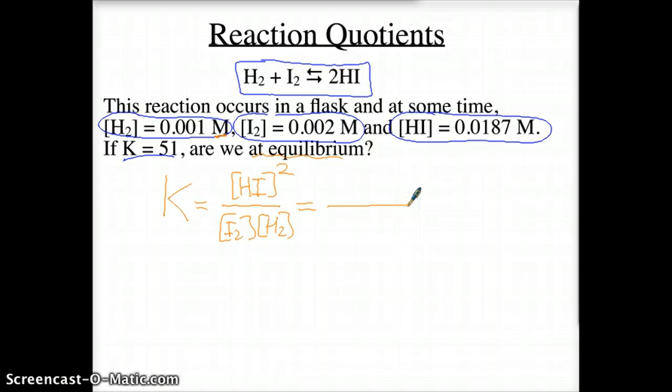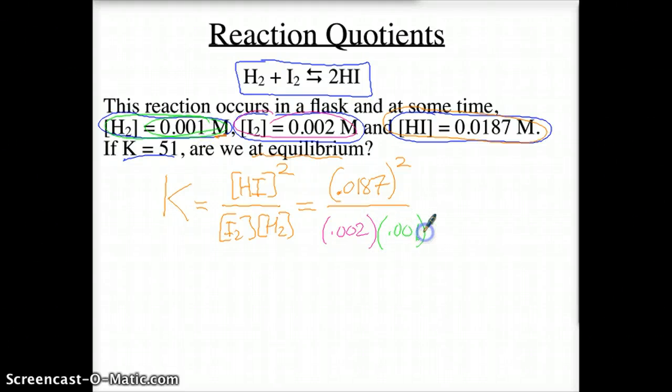For HI, we were given that the concentration was 0.0187. So I'll plug in 0.0187. That's going to get squared. For I2, it's 0.002. And for H2, it's 0.001.